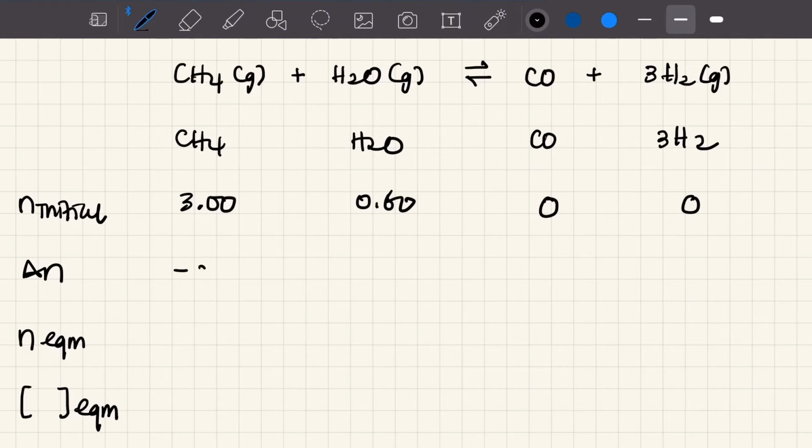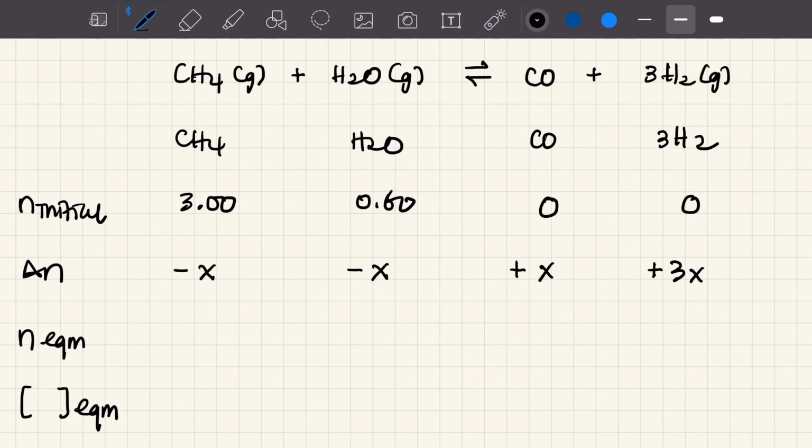So you will write minus X. Water has 1 mole also, so minus X. Right, so your product will increase. The mole of your product will increase, therefore you are going to write plus X. And then for your hydrogen, the change will be plus 3X, because you have 3 moles of hydrogen.